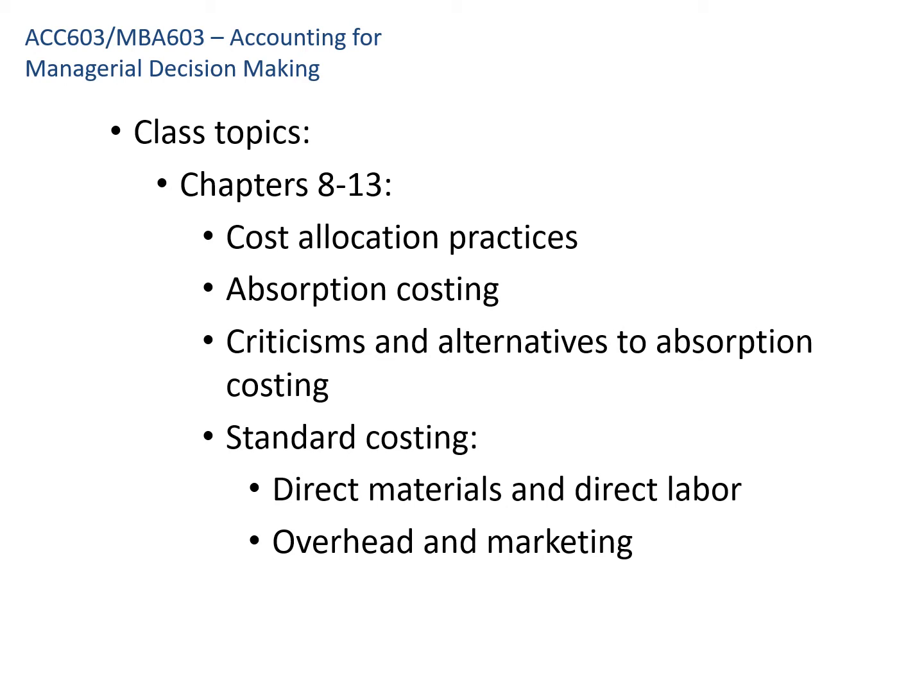And then we'll wrap up the course by talking about standard costing, which really has its basis in management by exception. That's an important concept. So those of you who have worked in different organizations know that there are a million things you could pay attention to every day, and you can't possibly pay attention to everything that's going on everywhere.